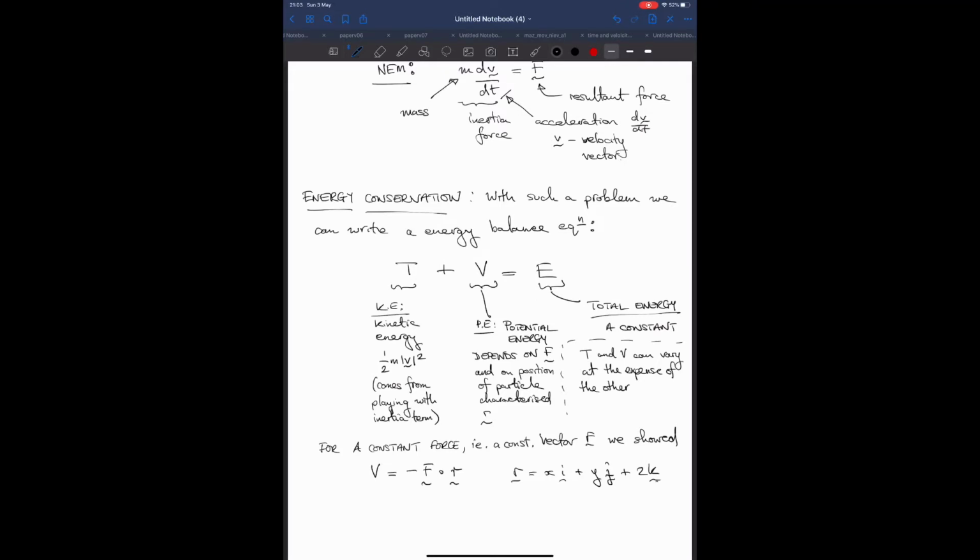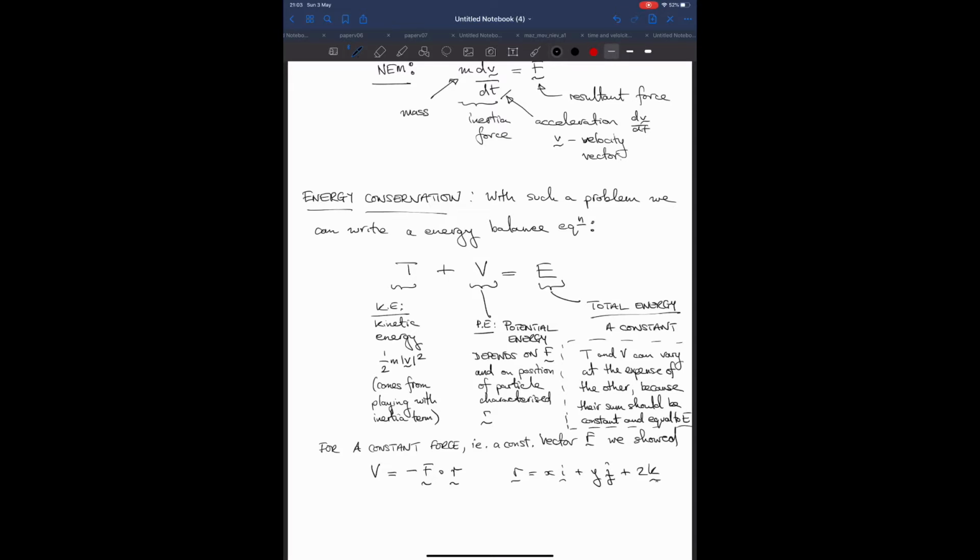Why? Because their sum should be constant, and equal to capital E.